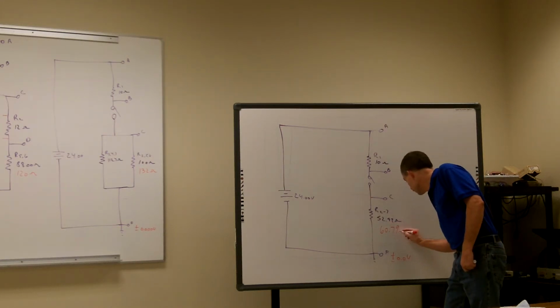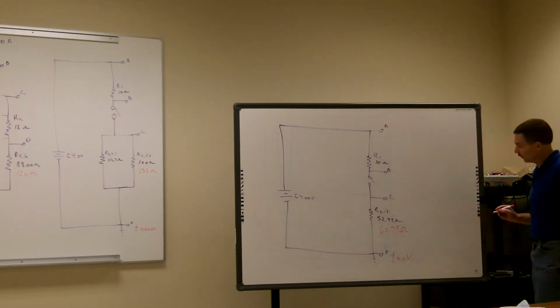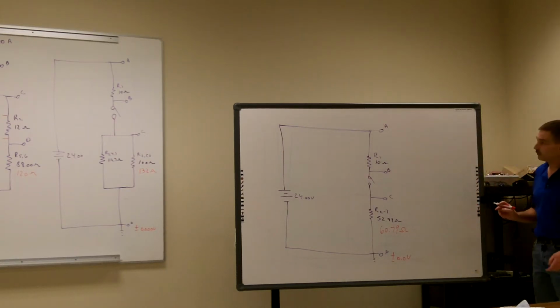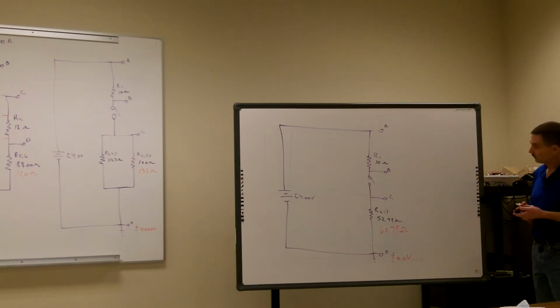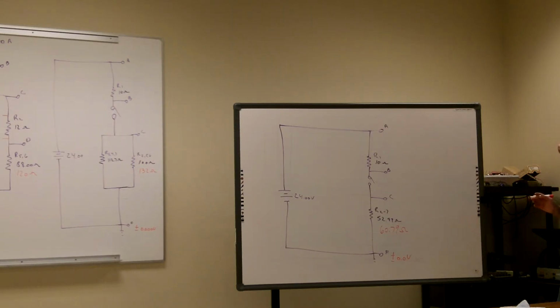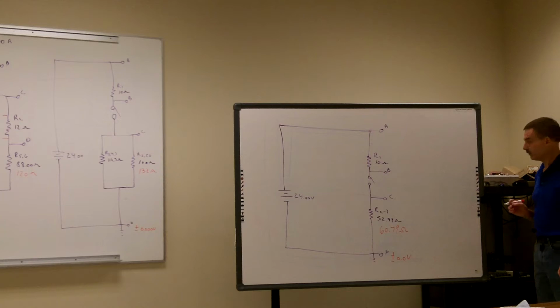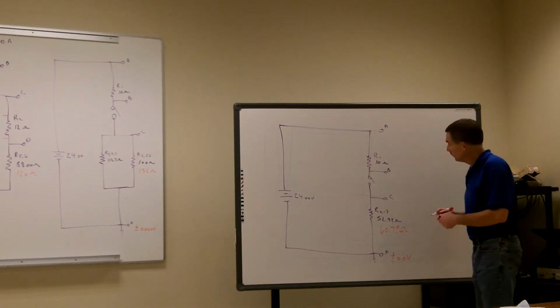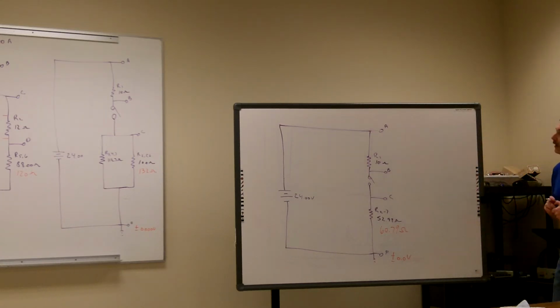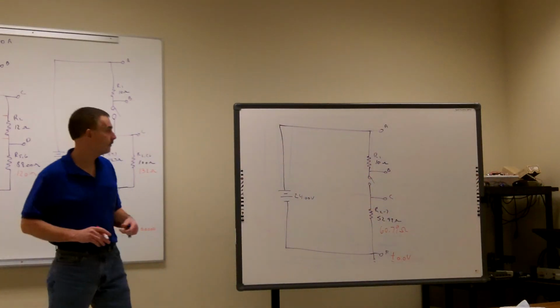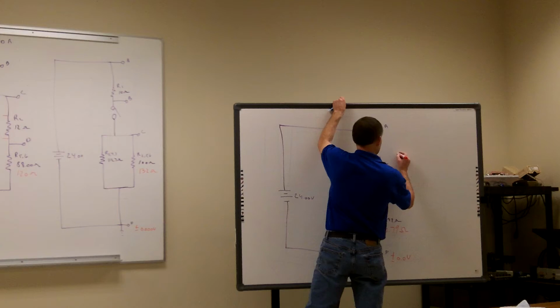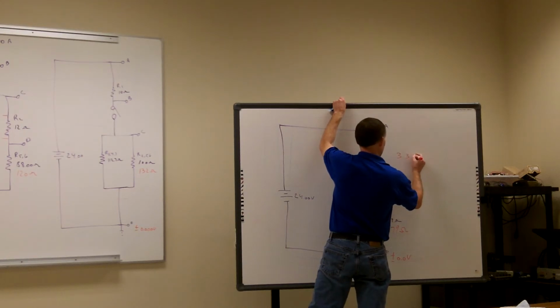.79 ohms. Okay, and then if we use our voltage divider formula, what's our new voltage drop across those two resistors? R1 is 3.39. 3.39.